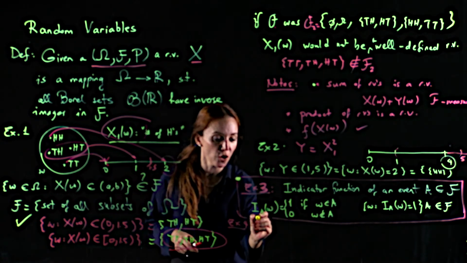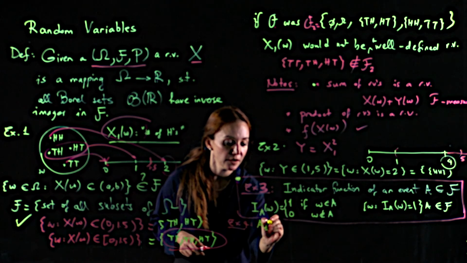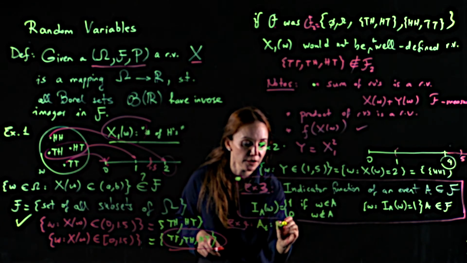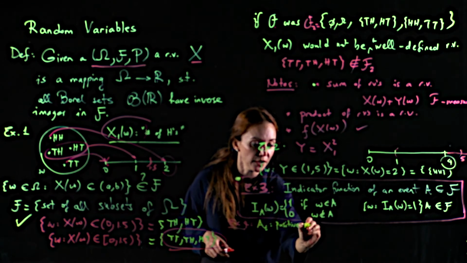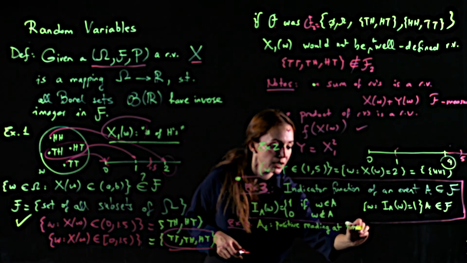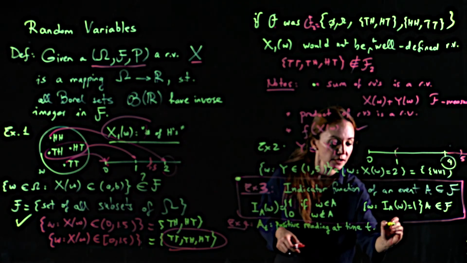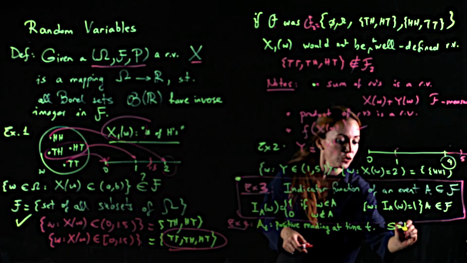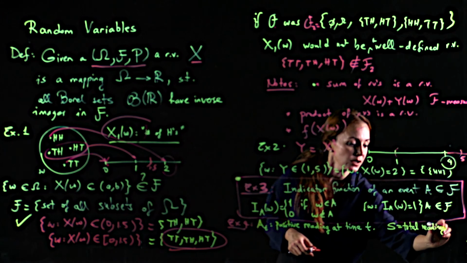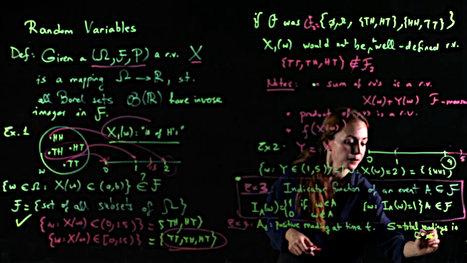A_t is the event that there is a positive reading at time t, and let S be the total number of readings in 0 to 59, so over an hour.